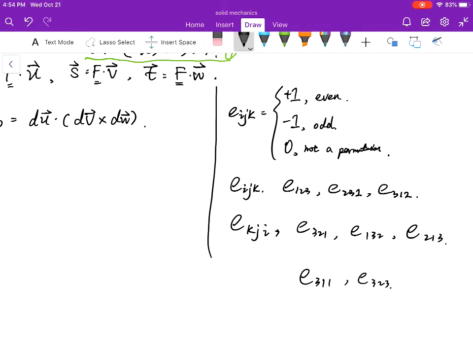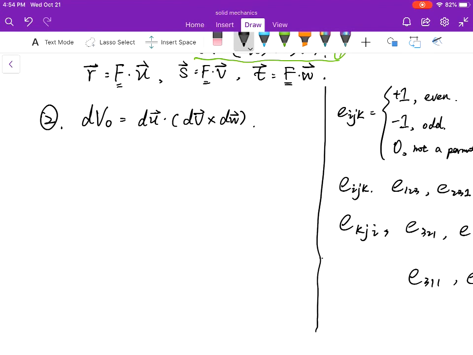Okay, if we understand this permutation notation, then mathematically we can show that this triple product is equal to the permutation notation times dui dvj dwk.